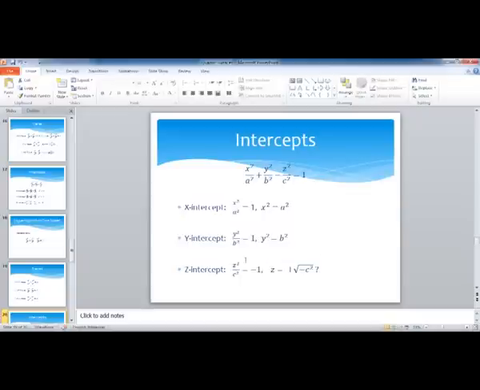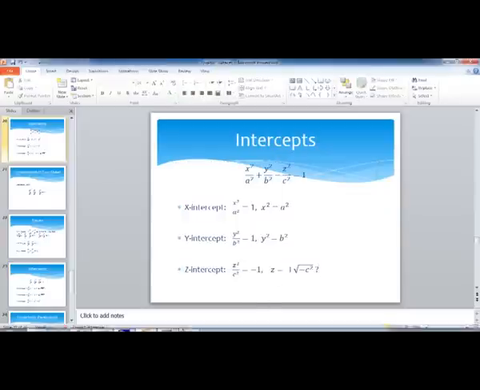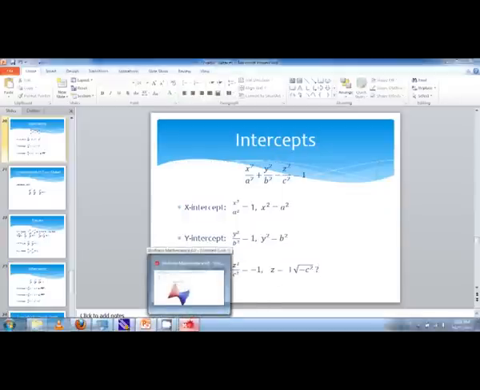But for z-intercept, here comes a problem. If we equate x and y to 0, we will find that z is a complex number. So we look at the graph again.